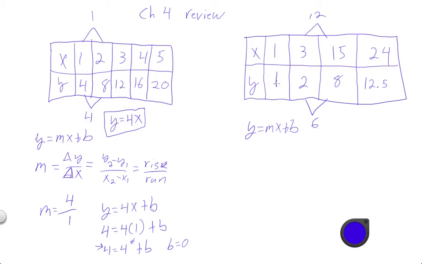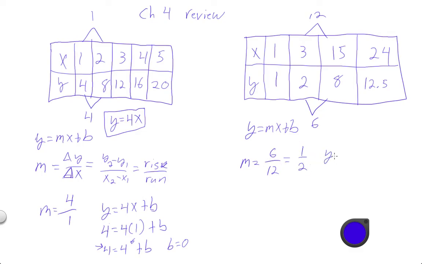You could do 1 to 3 and 1 to 2, or 1 to 24 and 1 to 12.5. It's not going to matter. You'll come out with the same answer anyway. So our slope is our change in y, which is 6, divided by our change in x, which is 12, which reduces to 1/2.